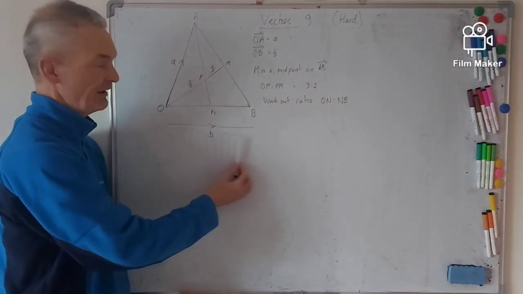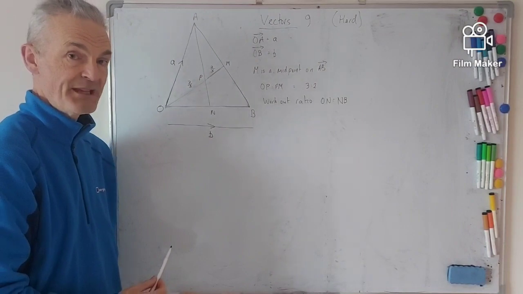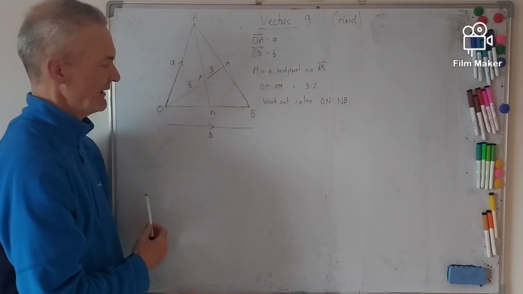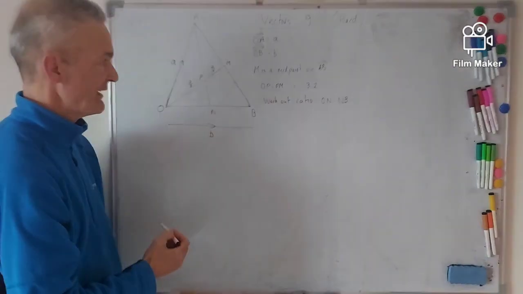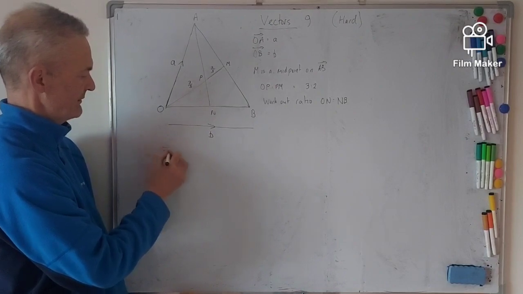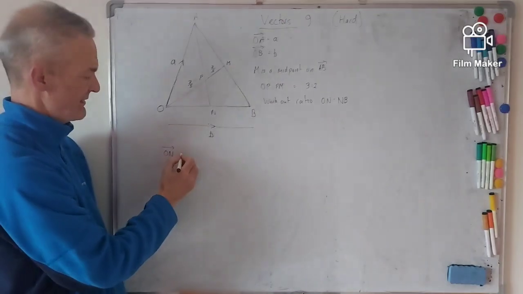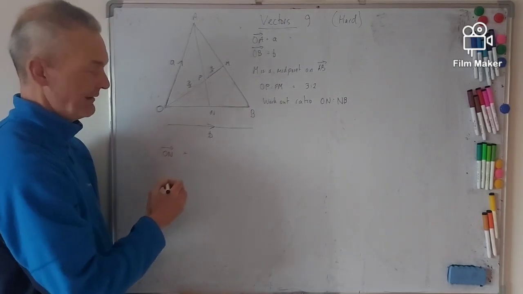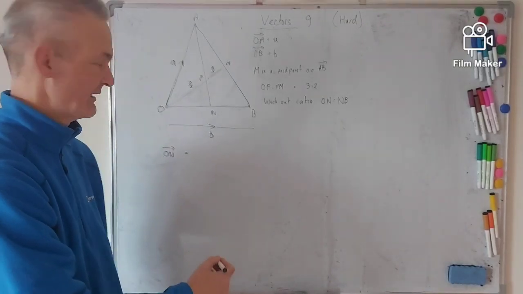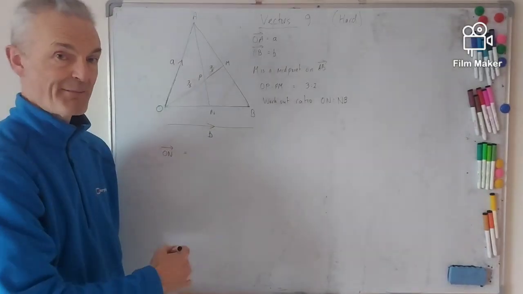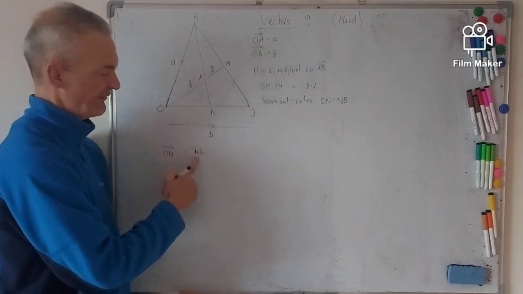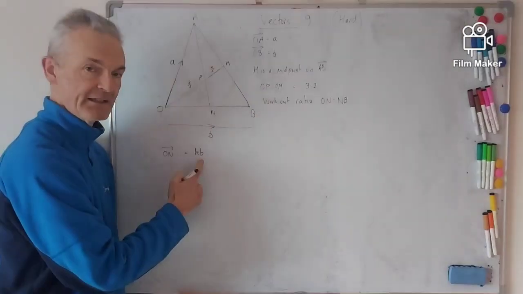And we know that the full length of the vector is B. So we can look at the first part of it here, ON, and what we can say here is that vector ON is going to be some part or some fraction of vector B. So I'm just going to call that part or that fraction K.